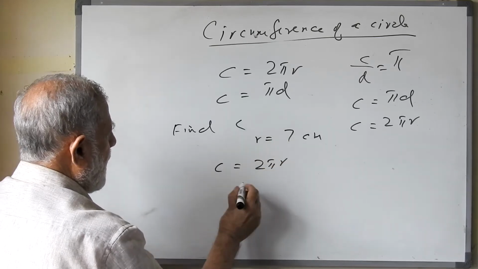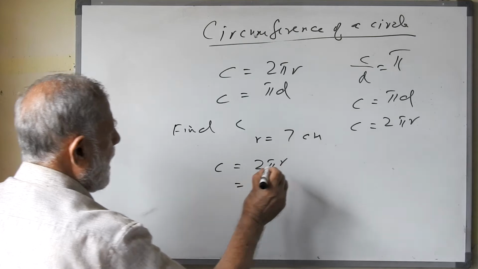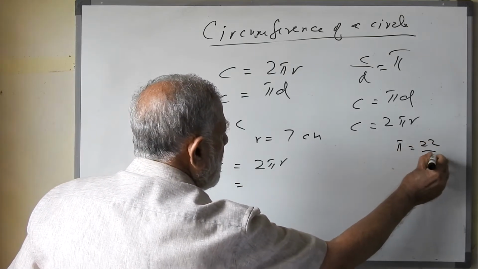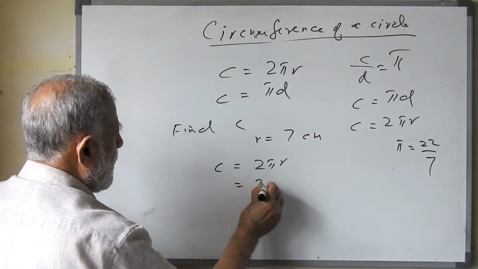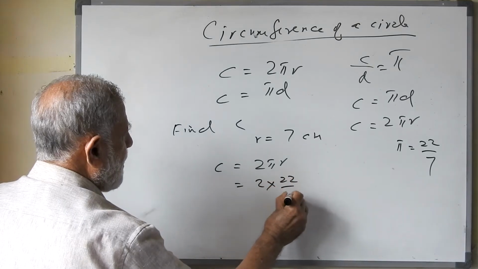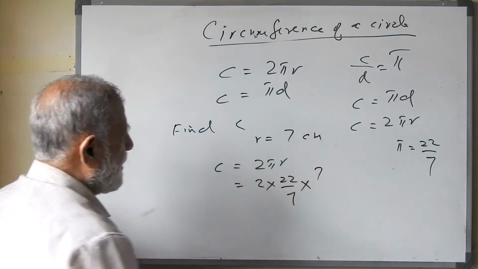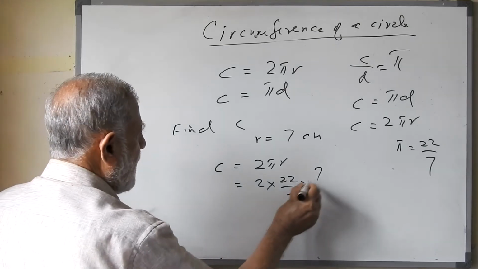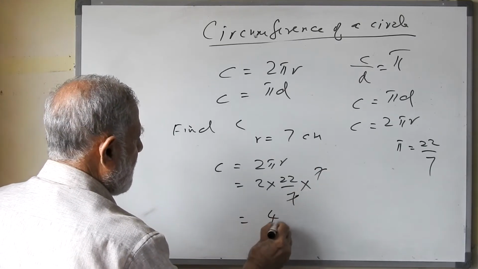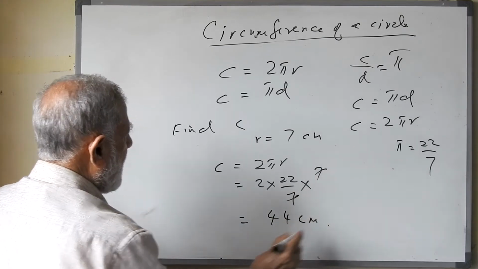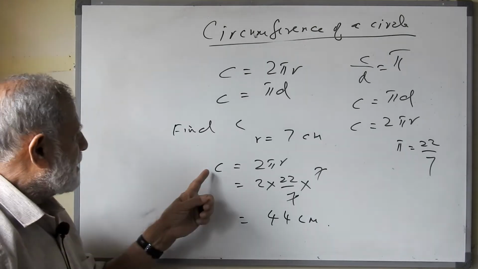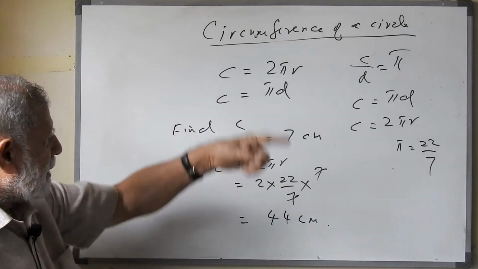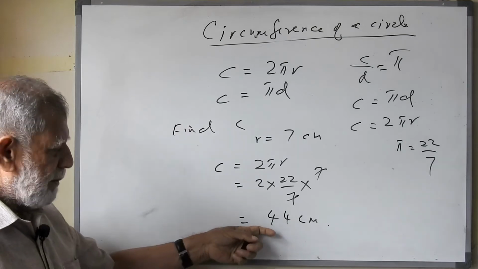For r we put 7, and pi is equal to 22 over 7. So we substitute 2 into 22 over 7 into 7. Now easily we can cancel this 7 and 7, and that is equal to 44 centimeters. So the circumference of this circle, where the radius is 7, the length right round, is equal to 44 centimeters.